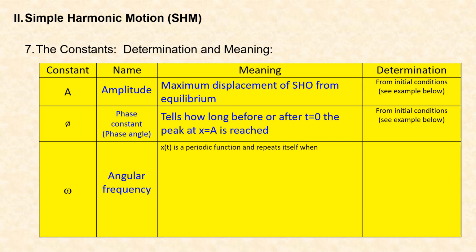In other words, saying that this oscillator moves repeatedly back and forth over the same path means that the position will repeat itself in a periodic or regular fashion. We can say that the position will be exactly the same for your oscillator when this phase, that is omega t plus phi, changes by 2 pi radians.